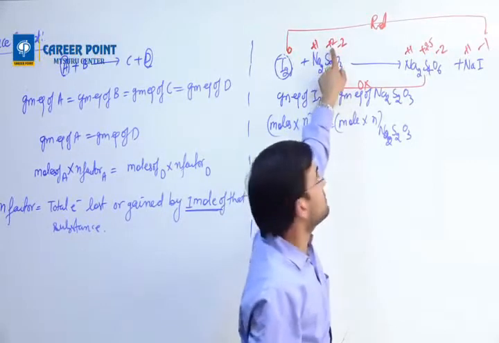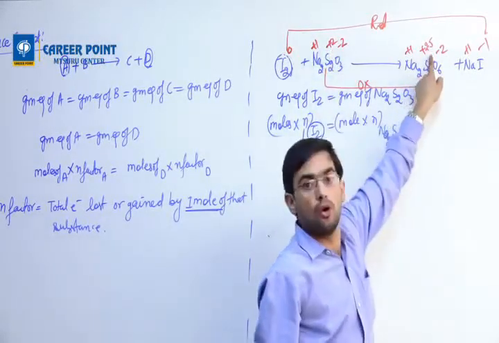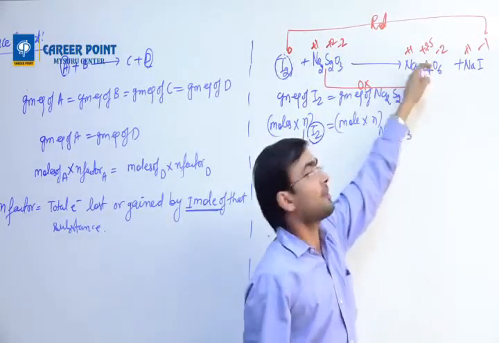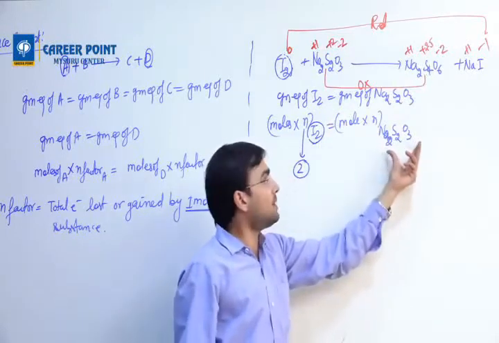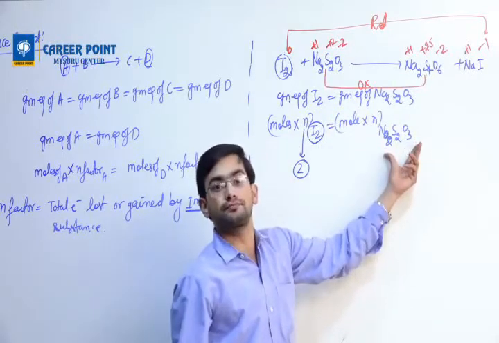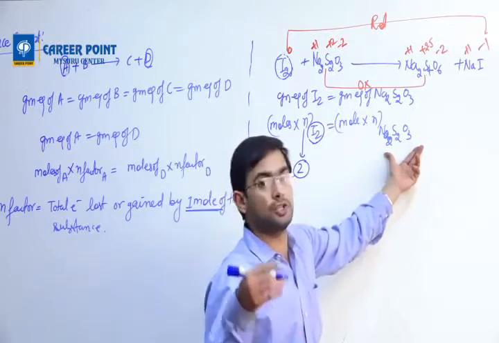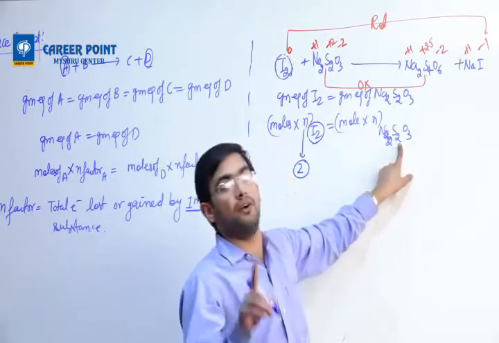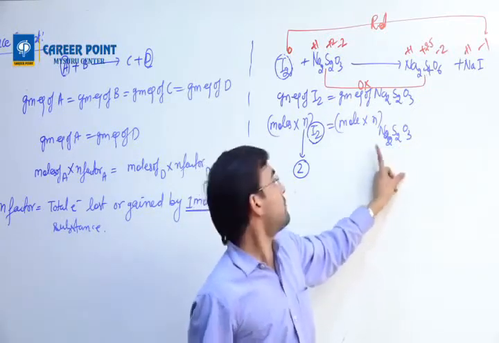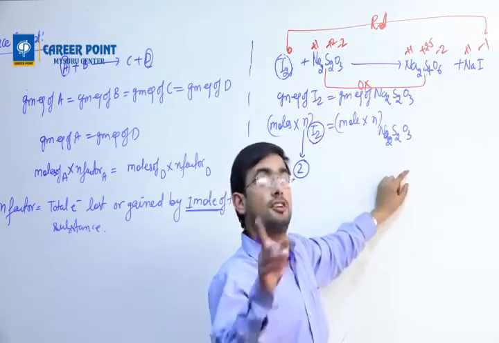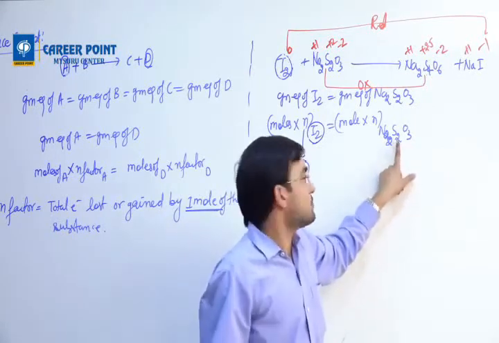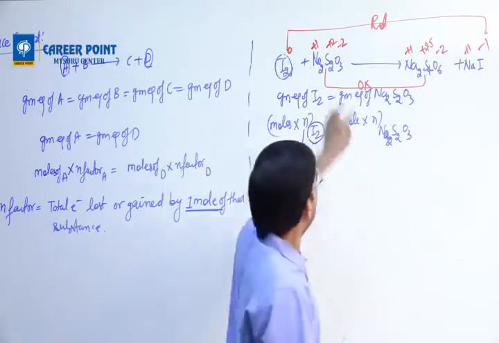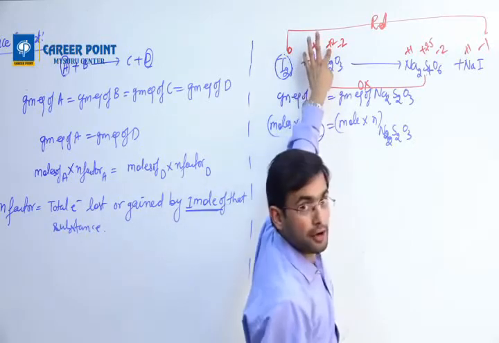Single sulfur is changing from plus 2 to plus 2.5. But in case of Na2S2O3, how many sulfur are there? Not for sodium, not for oxygen. Whose oxidation number is changing? Sulfur. So there are 2 sulfur, so for 2 sulfur plus 4.